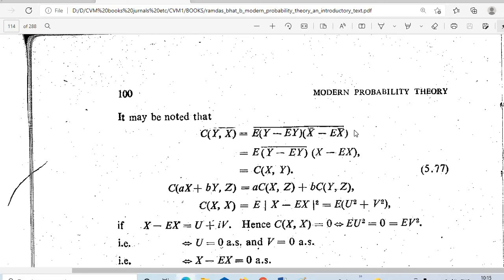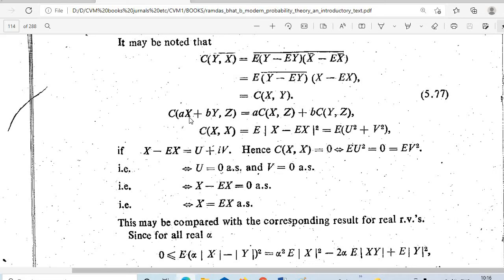So you have to expand, apply conjugate and then reduce to the original form. This is actually covariance x comma y. So covariance y comma x conjugate equals covariance x comma y. That's the result.